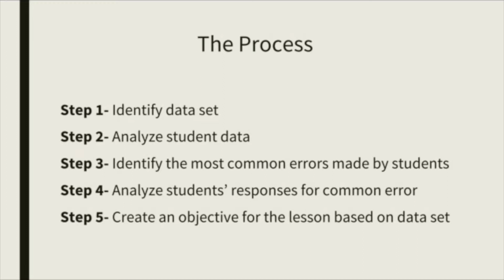Step 4, we want to analyze students' responses for the common error. So in this example, it's a math standardized test, and for this standard that the majority of my students missed, it's a math problem.